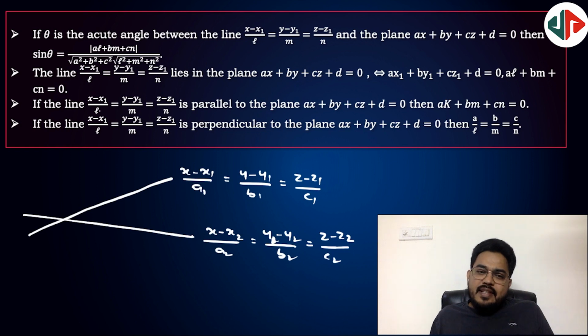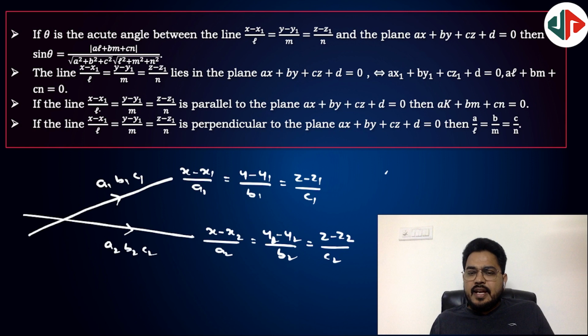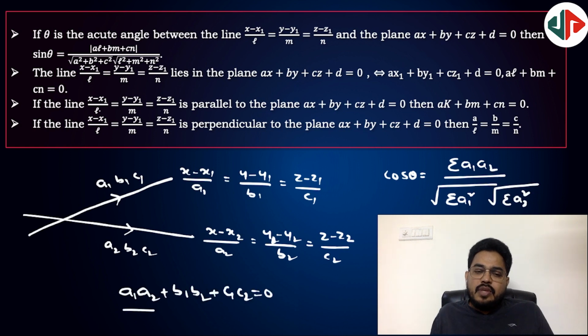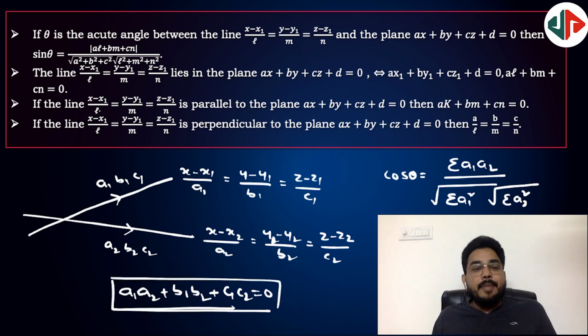The DRs of the first line are a1, b1, c1, and the DRs of the second line are a2, b2, c2. So simply cos θ = Σa1a2 / (√Σa1² · √Σa2²). If a1a2 + b1b2 + c1c2 = 0, they are mutually perpendicular.